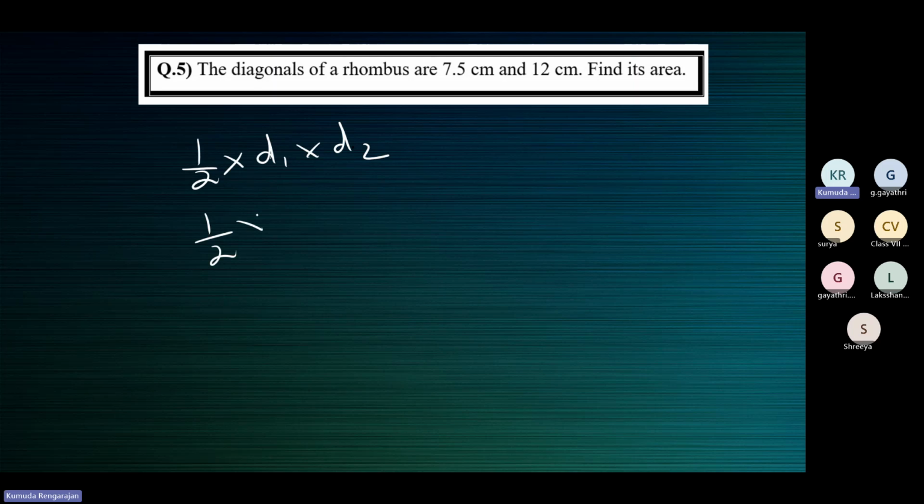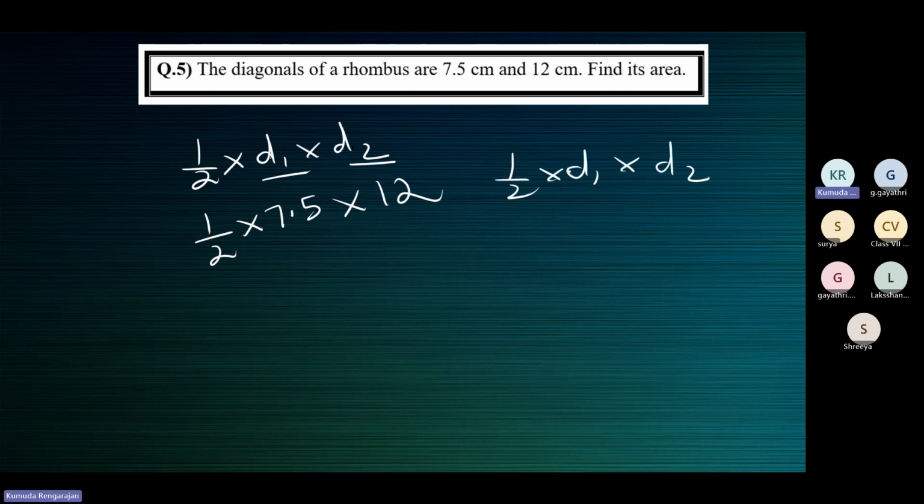So half into length of one diagonal is 7.5. The other diagonal is 12. That's all. You have to find the area of a rhombus given D1 and D2, diagonal 1, diagonal 2. The lengths are given. So simply put it in the formula and calculate. Area of rhombus is equal to half into D1 into D2, length of diagonal 1 into length of diagonal 2.